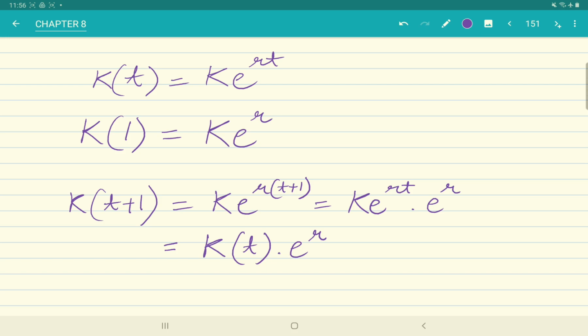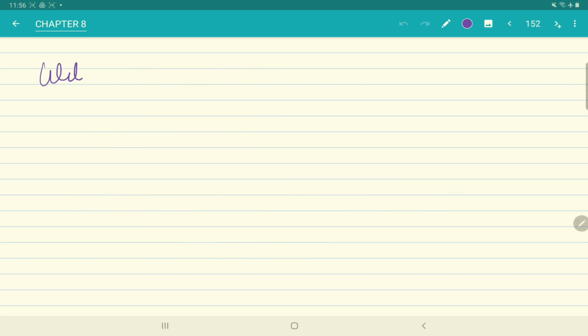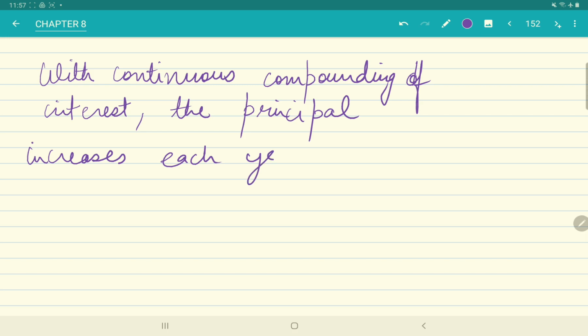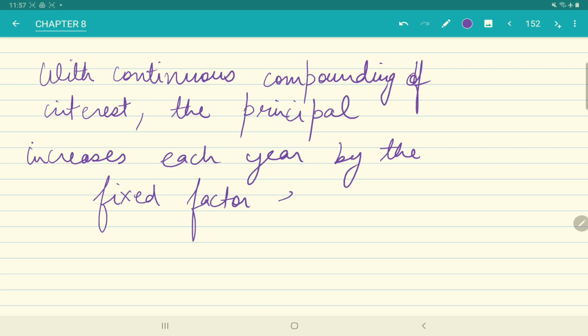With continuous compounding of interest, the principal increases each year by the fixed factor e raised to the power r, this one.